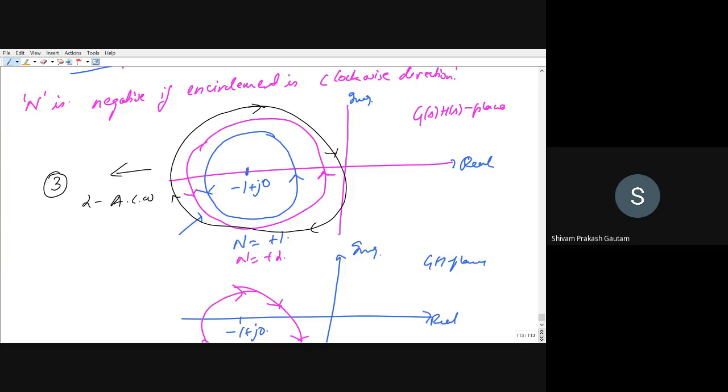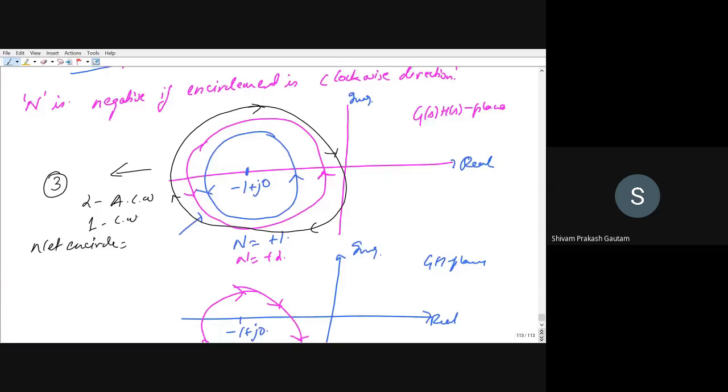So the net encirclement will be given by N. For anti-clockwise it will be +2, and for clockwise it will be -1. So the net encirclement will be equal to +2 - 1, so it will be equal to +1.